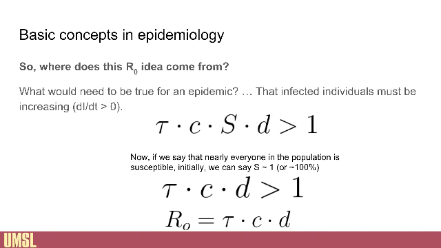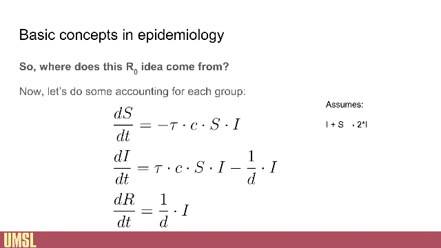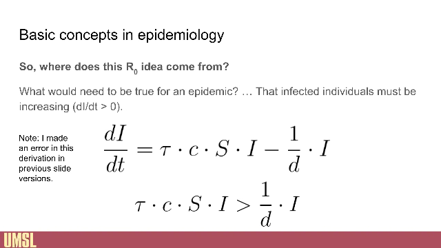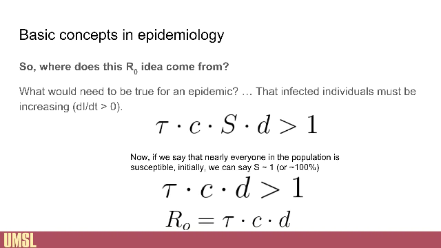So the big tricks in all of this are starting with something that is a complicated nonlinear system of differential equations to describe a very simple process, and through making one simple assumption, and that is that the number of infected people have to be increasing in this population, we can use one of those equations from our system of differential equations to calculate something useful, right?